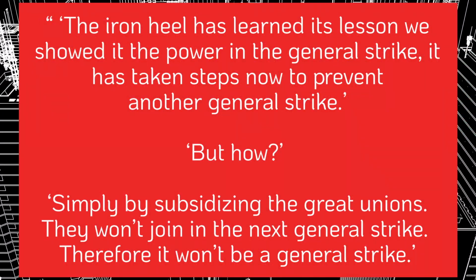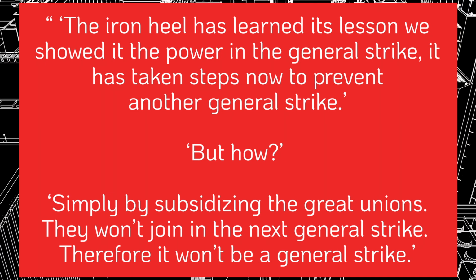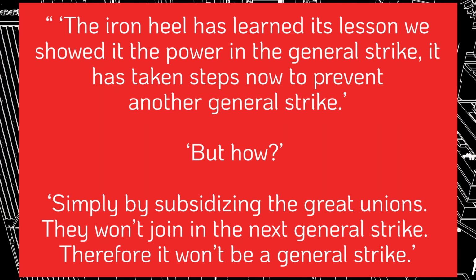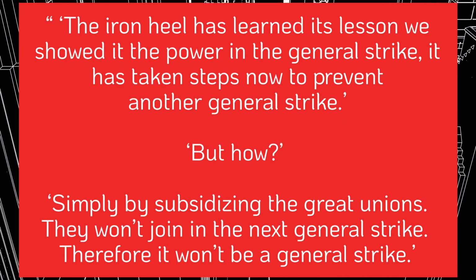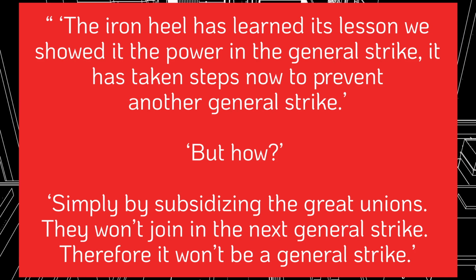The capitalist class, the oligarchy, he refers to in the book as the Iron Heel. So anyway, somebody says to him, the Iron Heel has learned its lesson. We showed it the power in the general strike. It has taken steps now to prevent another general strike. But how? Simply by subsidizing the great unions. They won't join in the next general strike, therefore it won't be a general strike.